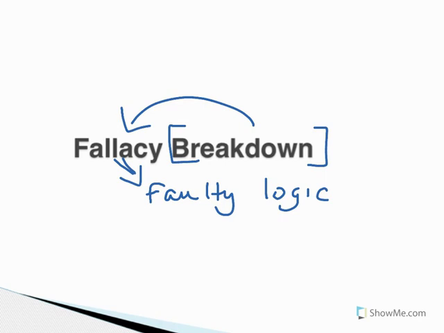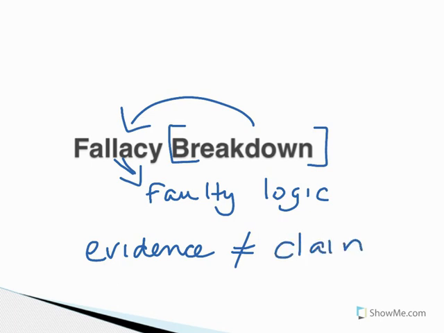And so as a result, the understanding of that argument will be flawed. There seems to be a breakdown or disconnect between the amount of evidence or the type of evidence or the accuracy of the evidence that is used in support of some type of claim. So the evidence does not support the claim, unfortunately. And so that's when you have a fallacy occur.